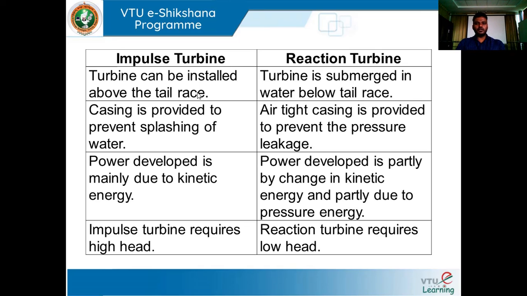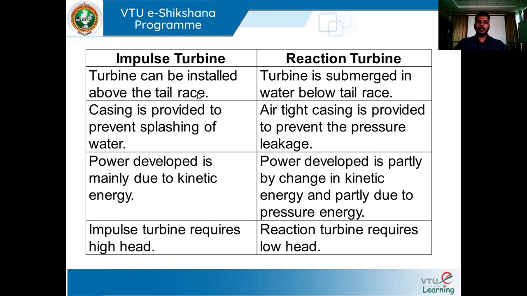That means a combination of impulsive force and reaction force. If power is developed only because of reaction force, it is called a pure reaction turbine. If there is a combination of impulsive force and reaction force which causes rotation of the turbine blade, it's an impulse reaction turbine.